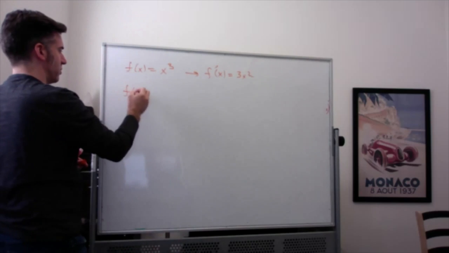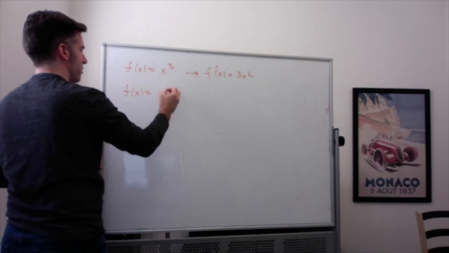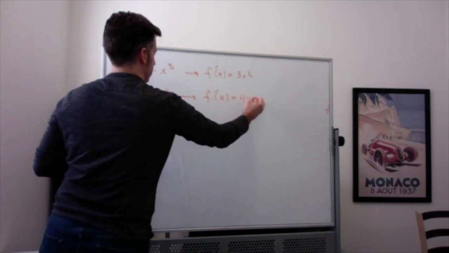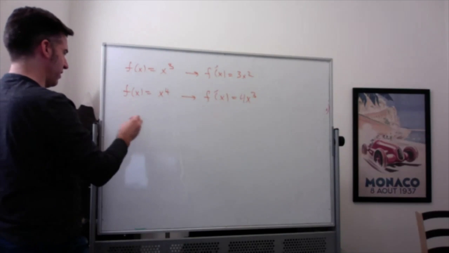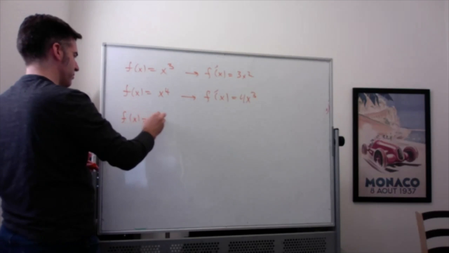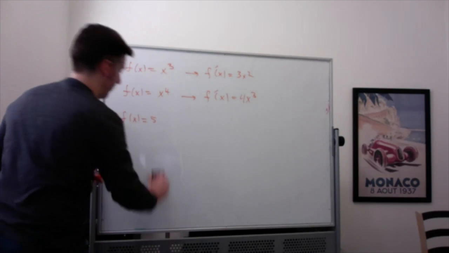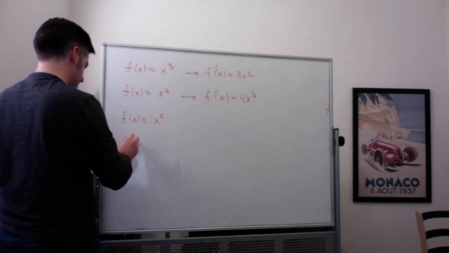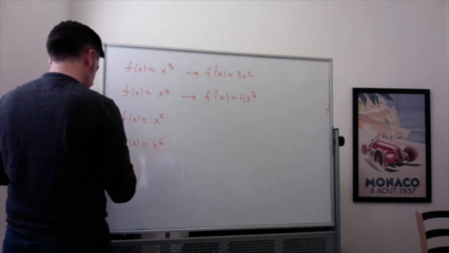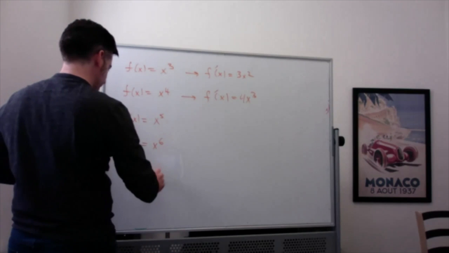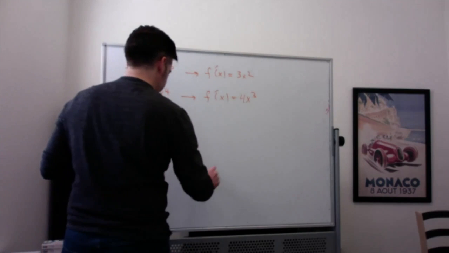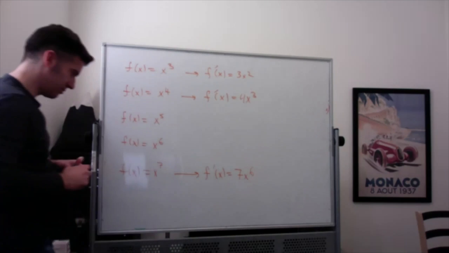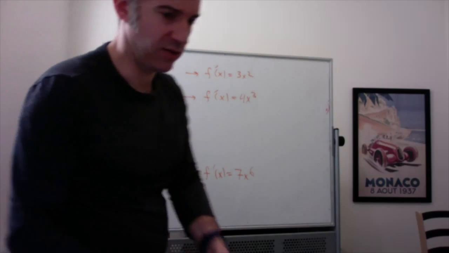And if f of x was x to the 4th, the derivative was 4x cubed. We skipped x to the 5th and x to the 6th, but maybe we'll fill them in. But we definitely did f of x equal to x to the 7th, and we got that the derivative was 7x to the 6th. Okay, so let me ask you guys for your guesses.